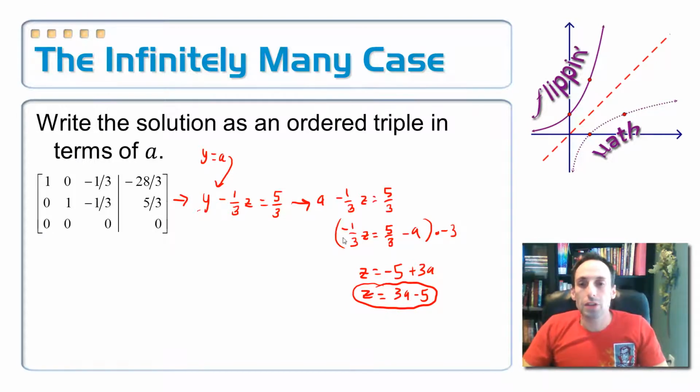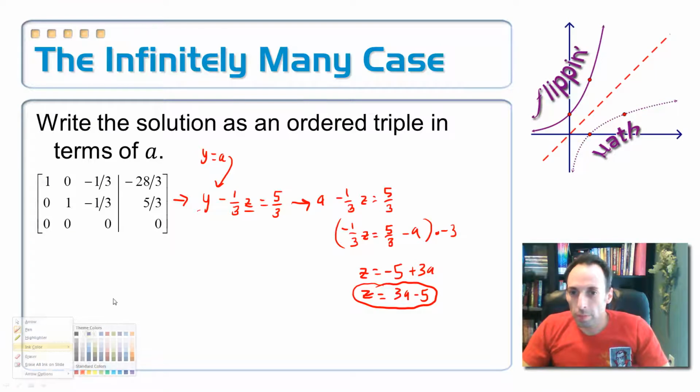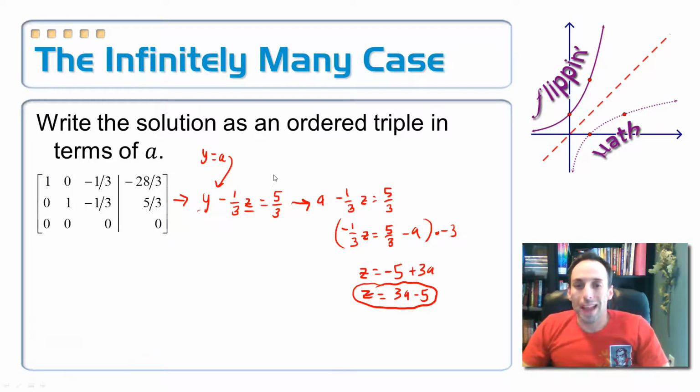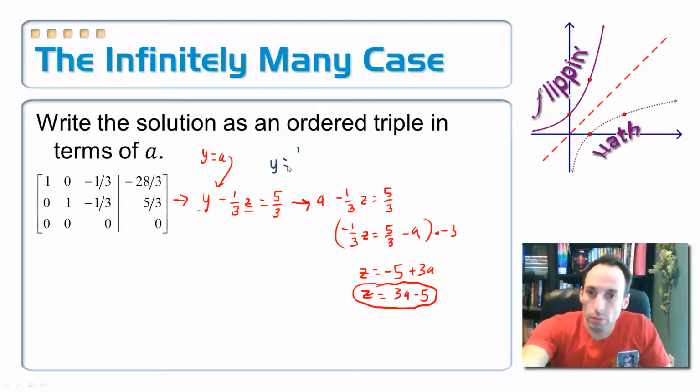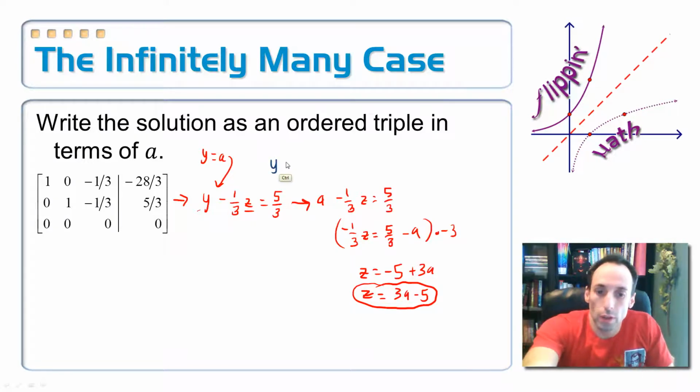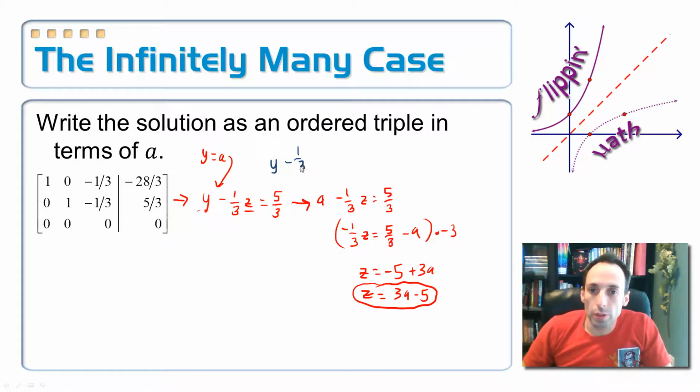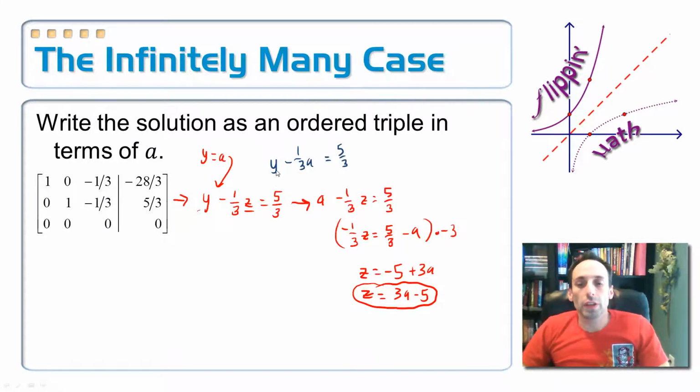Now if I had chosen z to be a, then minus 1/3 of a is equal to 5/3 and you'd be solving it for y.